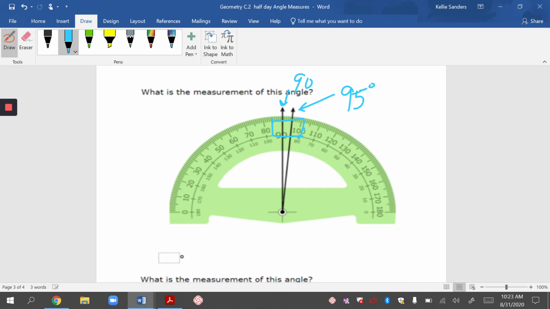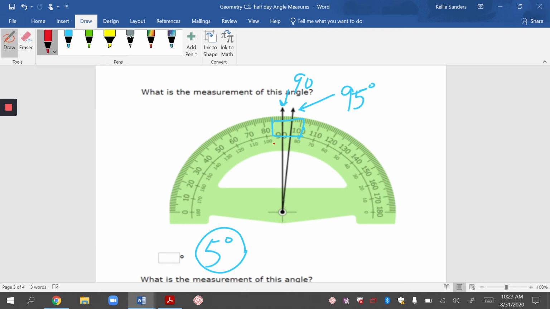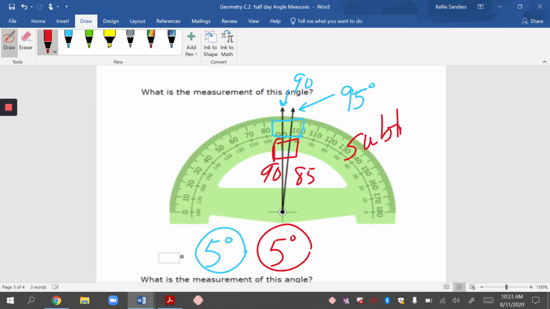So if you start at 90 and go to 95, how much have you opened up? 5 degrees. Or if you use the inside numbers, this one is still at 90, and this one's between 90 and 80, which would be 85. So how much does 85 to 90 open up? Still 5 degrees. So basically, you subtract the numbers.